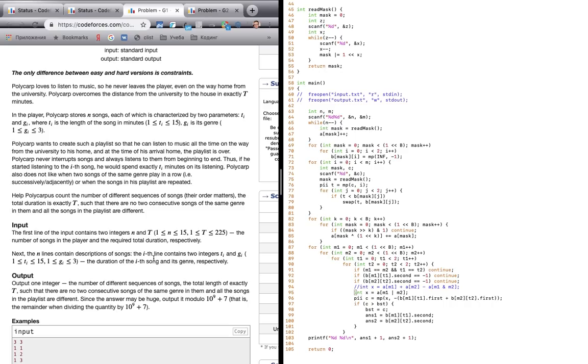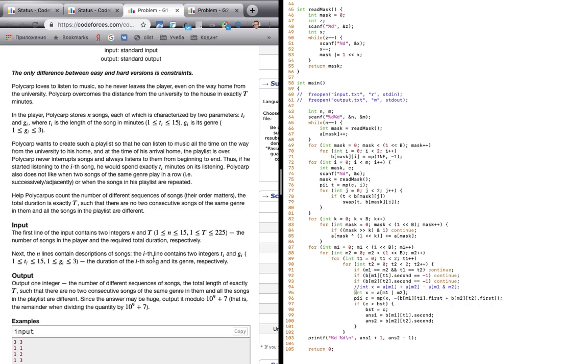Okay, we have some n songs. Every song has a genre, and there are only three of them. And each song has a duration, integer from 1 to 15.